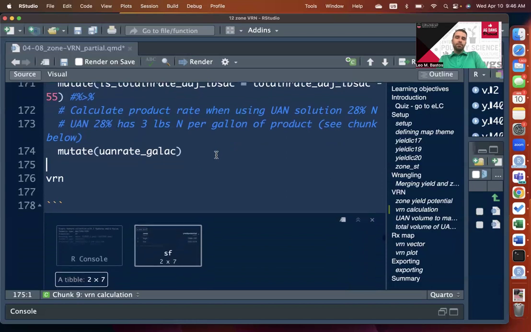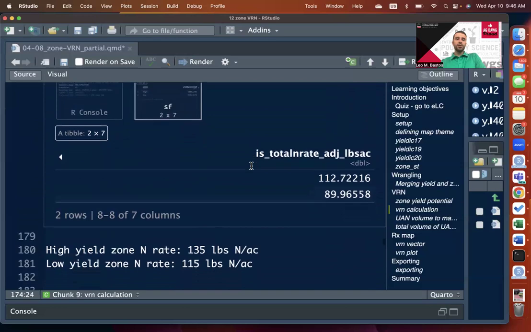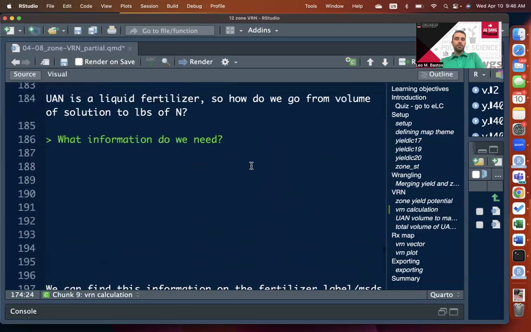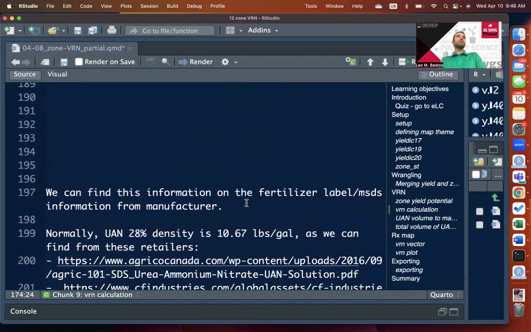We're going to find that adjustment component on the chunk below. So if you think about it, we're going to need to know what is the density of UAN, because I need to know how much UAN weighs, so I can use the weight of UAN to put that nitrogen weight into a basis of solution, right?